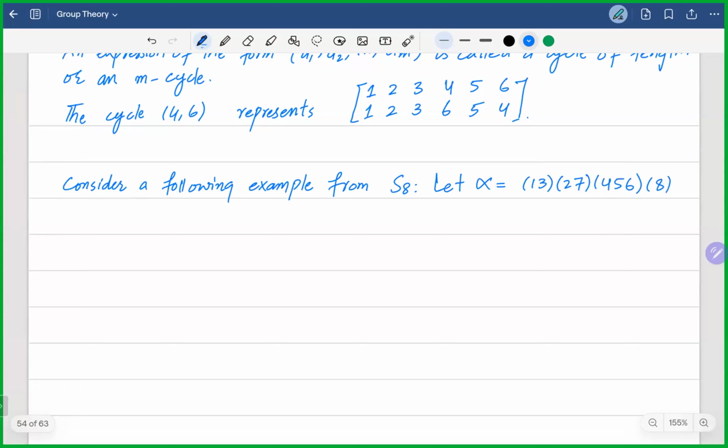If I'm not giving commas, it means it's fine. And beta is (1 2 3 7)(6 4 8)(5). Now, when the domain consists of single digit integers, it is common practice to omit the commas between the digits.